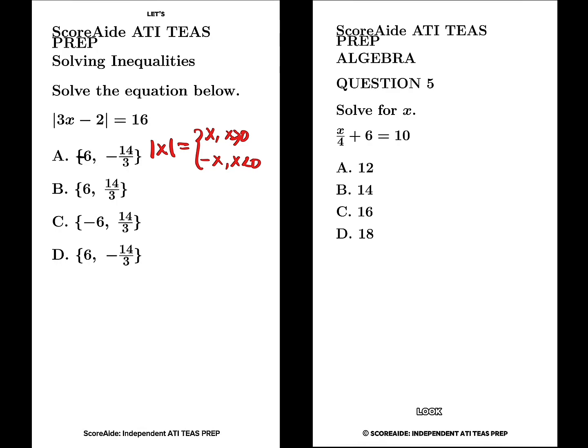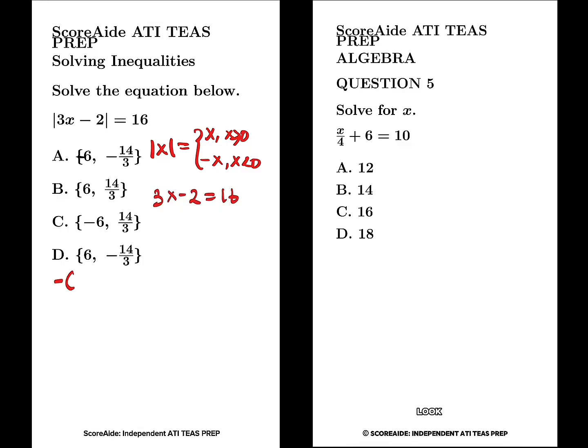Now it means that this equation needs to have two parts, right? The part where we have the positive value, which is 3x minus 2 is equal to 16. That is positive, right? On the other part where we have what?